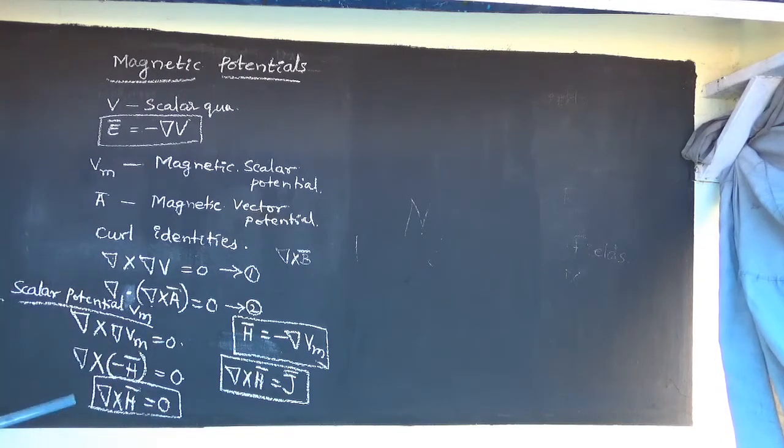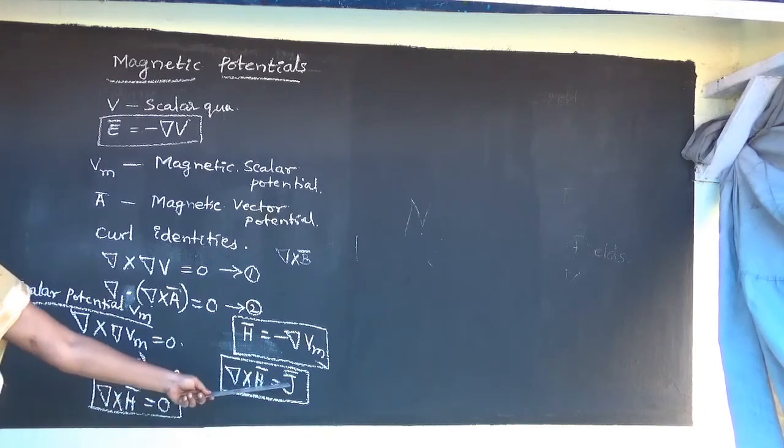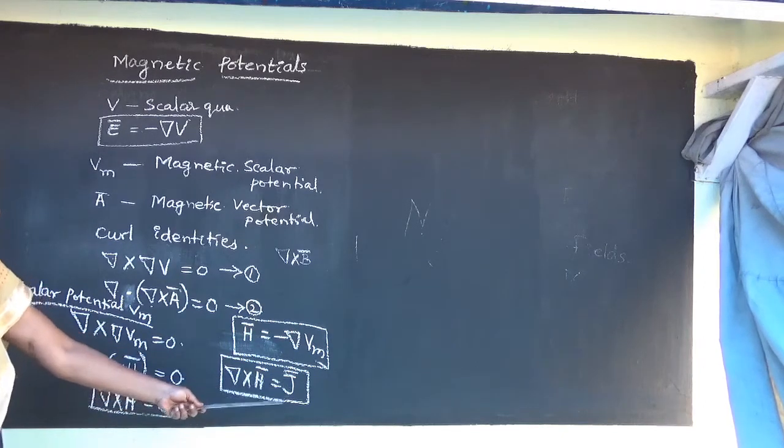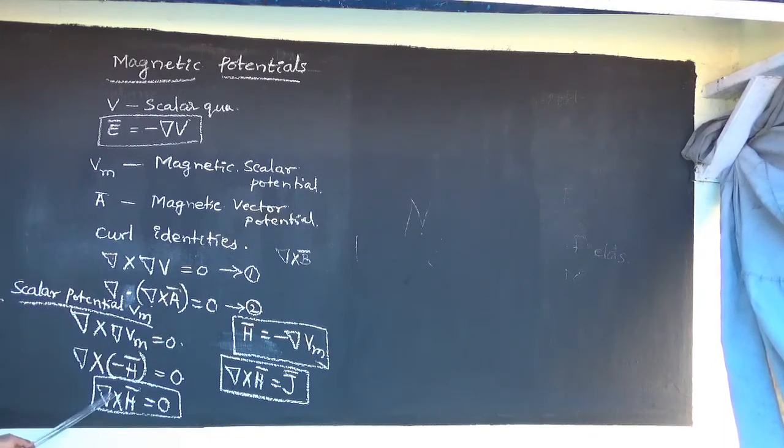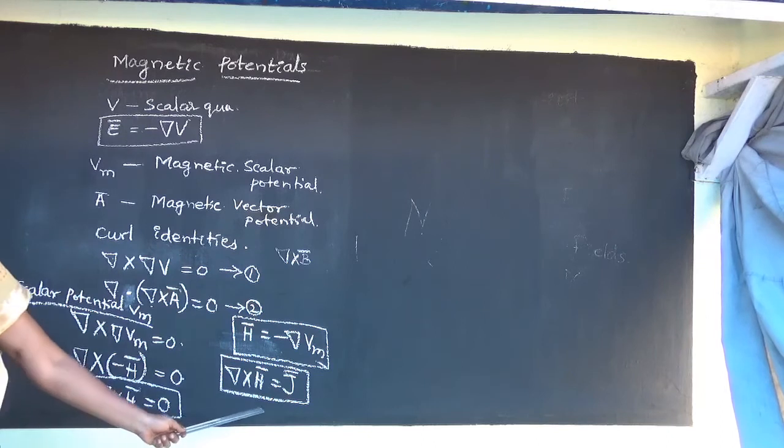So what can we conclude finally? That this scalar potential Vm can occur only with source free fields. Source free means it does not have any source, any voltage source or current source. If a source is not there, the current density will be 0. So we can define this magnetic scalar potential only for the source free regions.